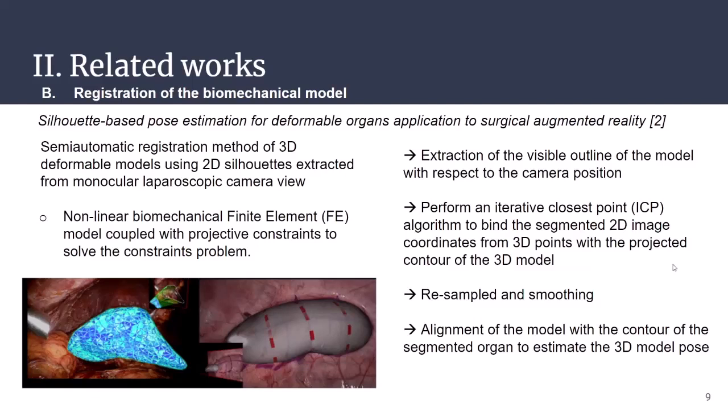They performed an iterative closest point algorithm from 2D images to 3D perspective to determine the contour of the organ in real time. They performed some operations to align the model directly into the field of view of the surgeon in order to get an accurate representation of the 3D model in the 3D space. As you can see, the biomechanical model was implemented using two-dimensional silhouettes.